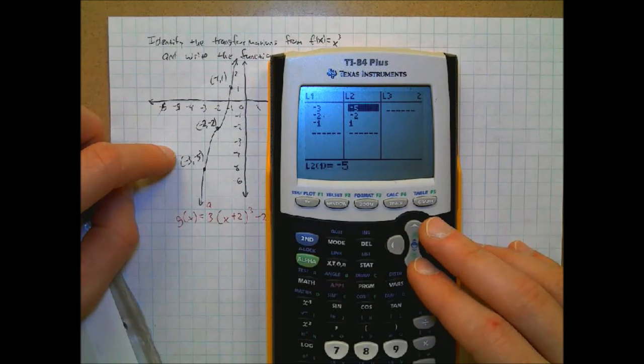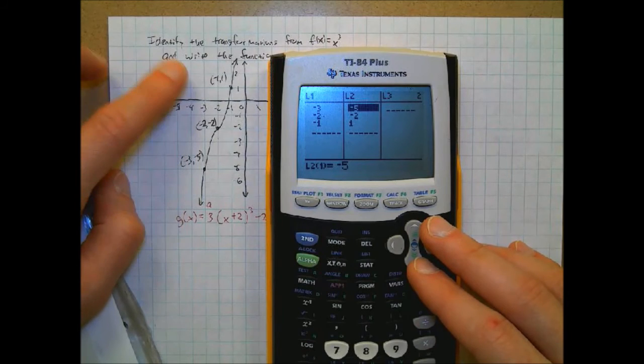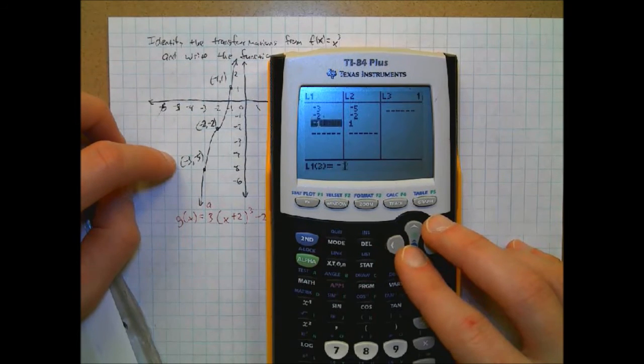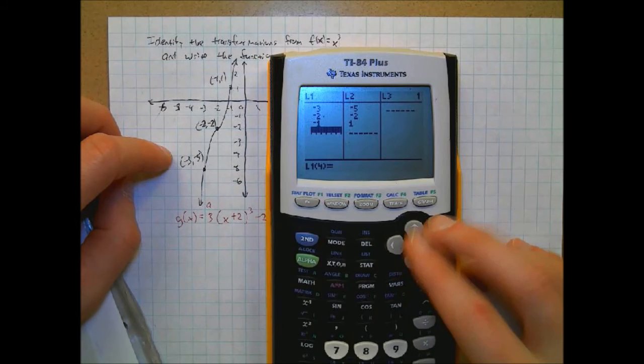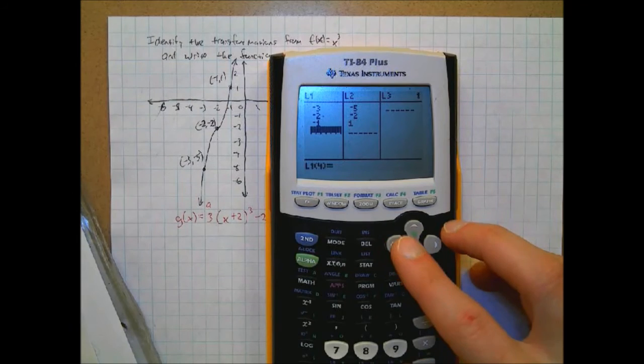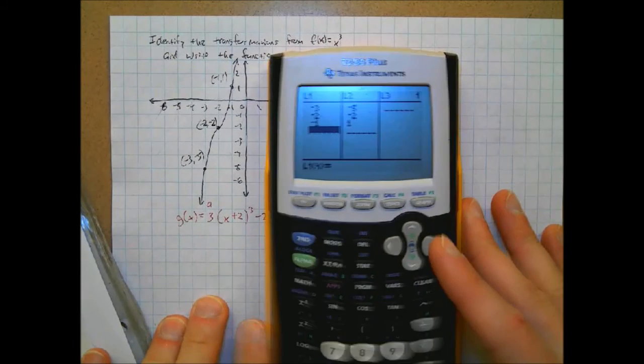Negative 3, negative 5. Yes. Negative 2, negative 2. Yes. Negative 1, 1. I am not sure why this isn't working. Let me try something else here.